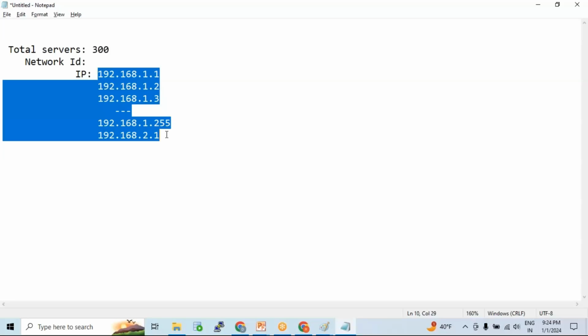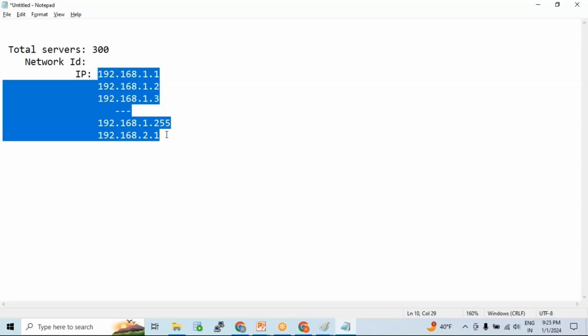Without a network ID, I removed the network ID in this diagram, right? Without a network ID, you cannot determine by looking at the IP itself, guys. Because the network ID tells you how many portions of the IP address should match the network ID to know whether they are in the same network or not. So without knowing the network ID of an IP address, we cannot understand which network that IP belongs to, and there is no answer for me.